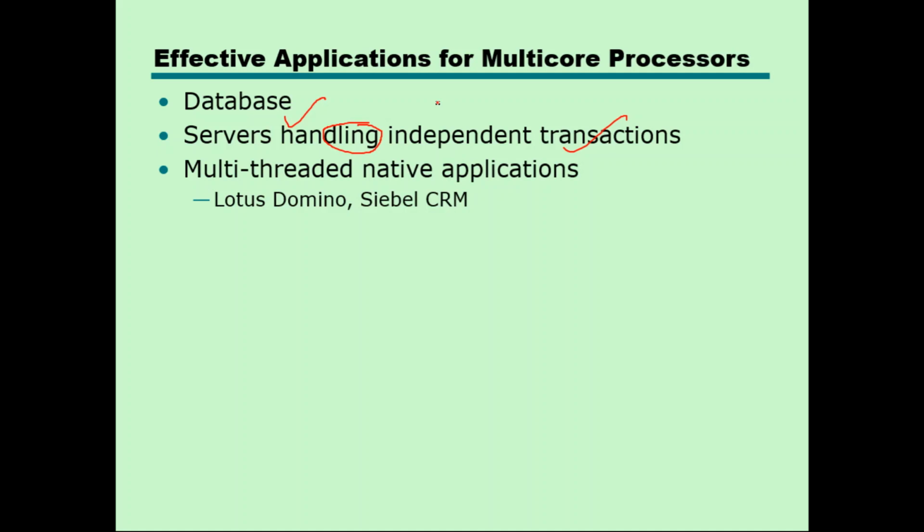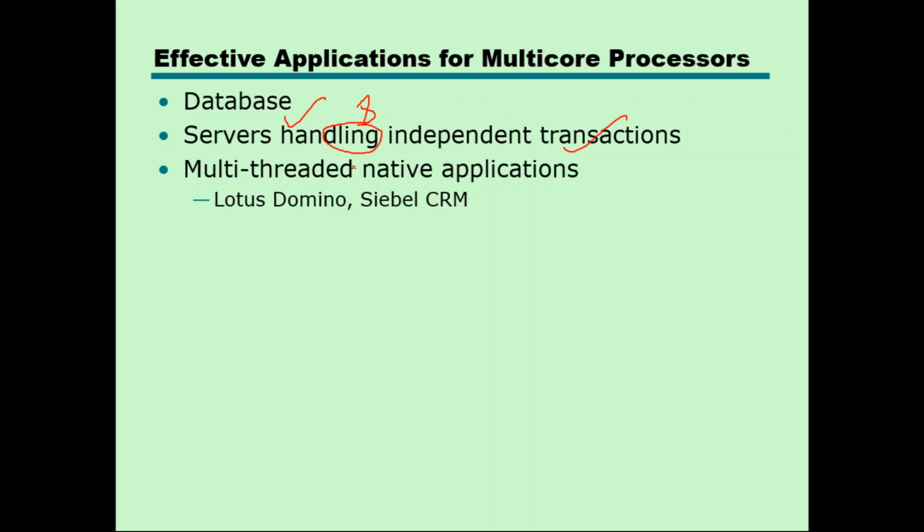So if you have 8 cores and 8 servers, then whatever job is submitted by the first server can be given to the first core. The second server's job can be taken care of by the second core, and so on.